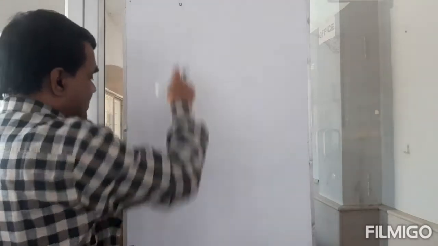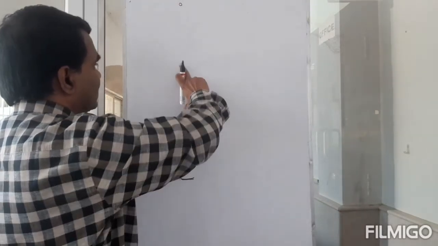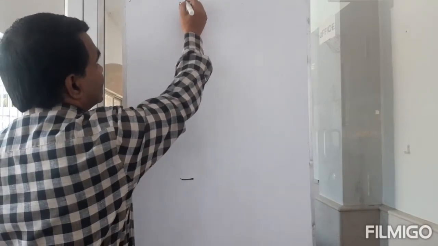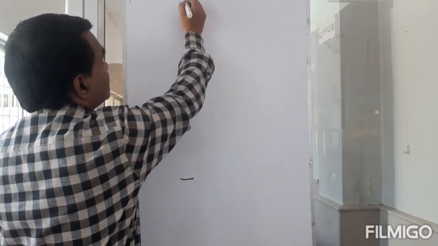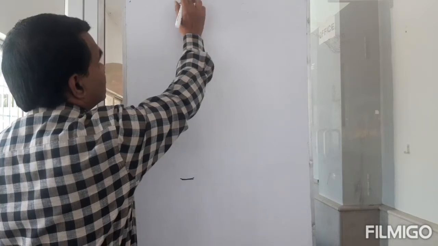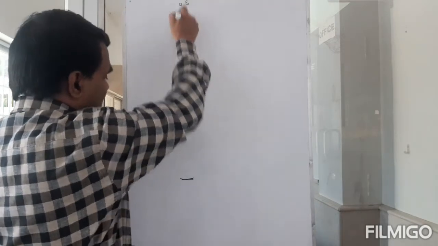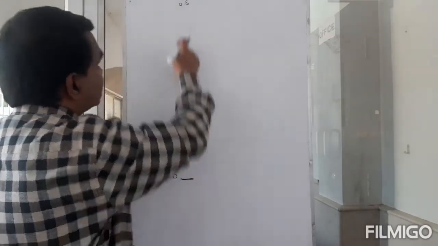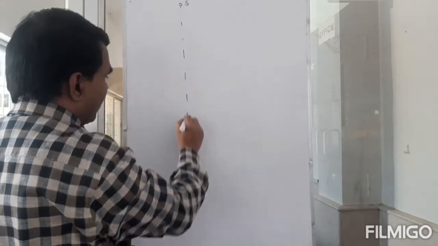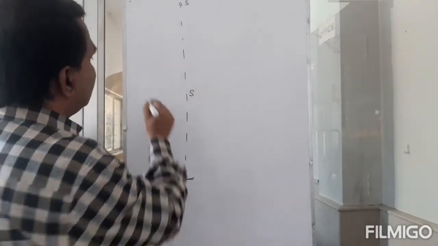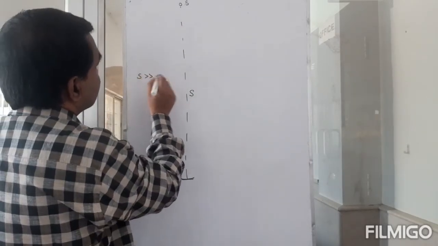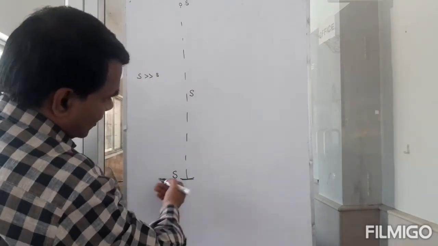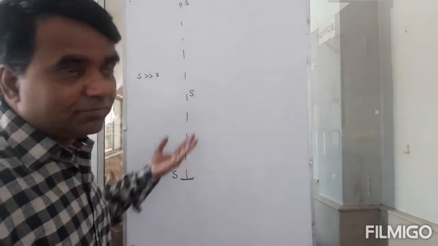I mean, this distance must be much bigger than the size of this object. Let's say the size of the object is small s, and the distance is capital S. If S is much greater than s, then this would be almost a plane wave here.